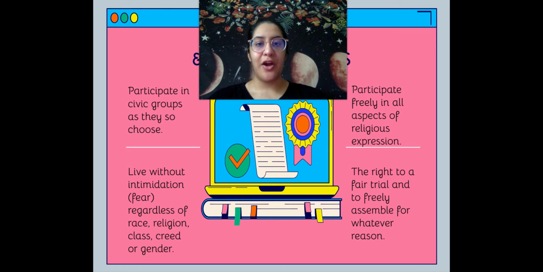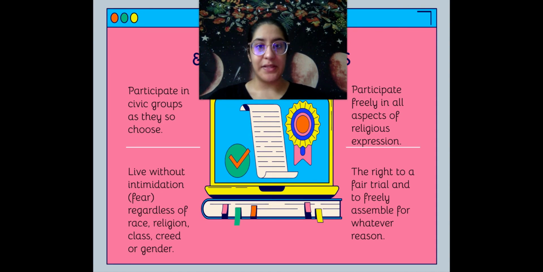And then lastly, on this slide, we have the right to a fair trial and assembly. So a fair trial means that it is impartial, like you're not judged before all the facts are given. You are allowed to gather peacefully to show your support or to show your protest against whatever may be happening in your area or nationally.